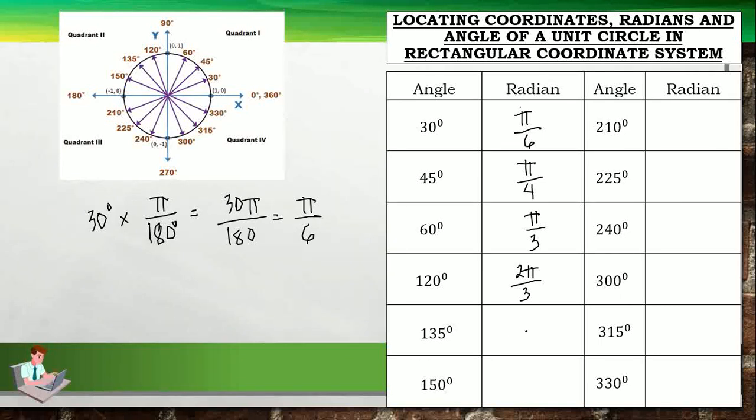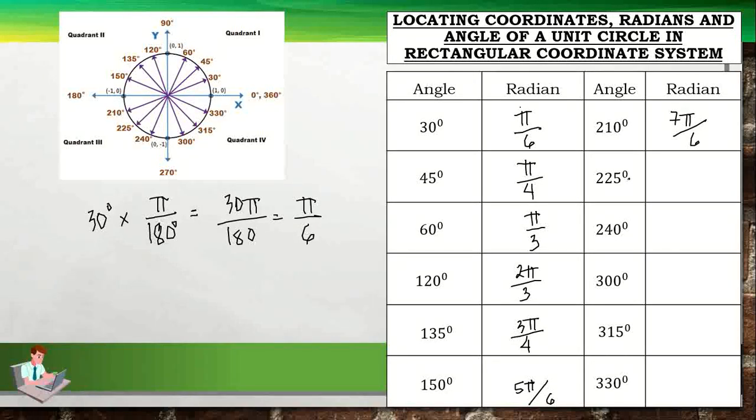135 is equivalent to 3 pi over 4. For 150 degrees, that is 5 pi over 6. For 210 degrees, that is 7 pi over 6.